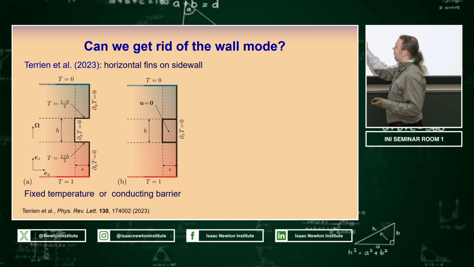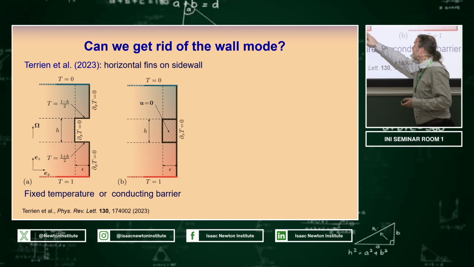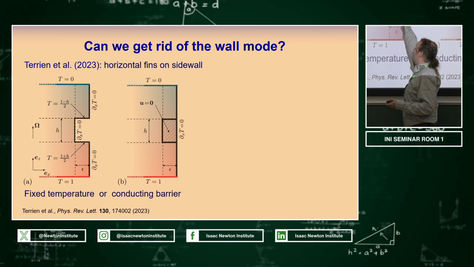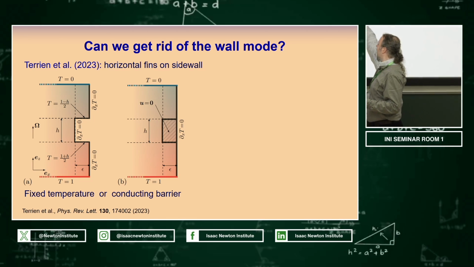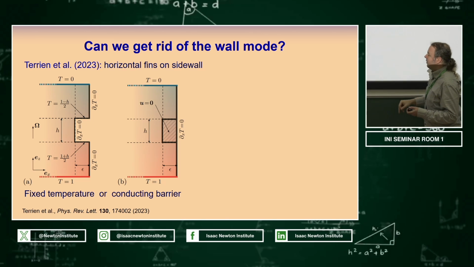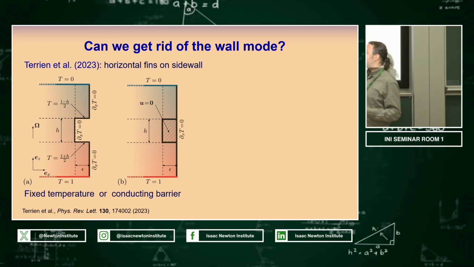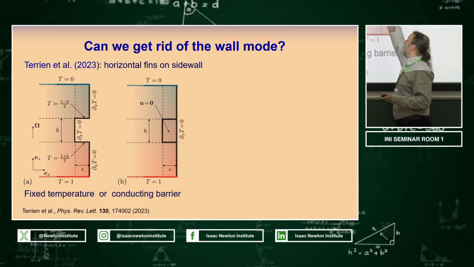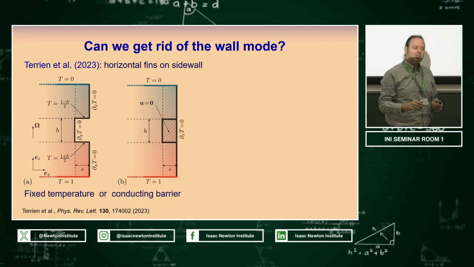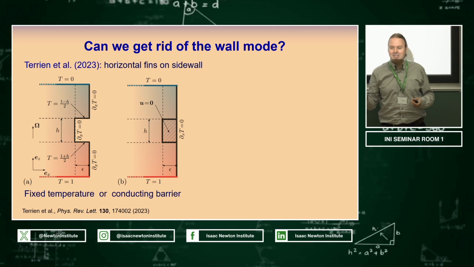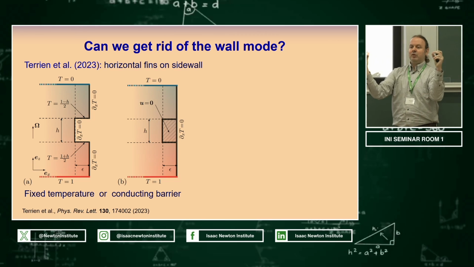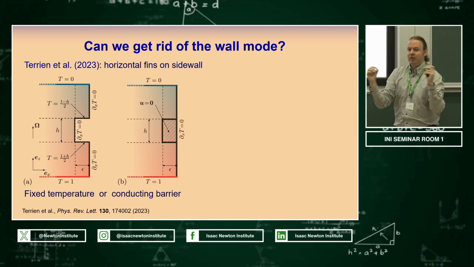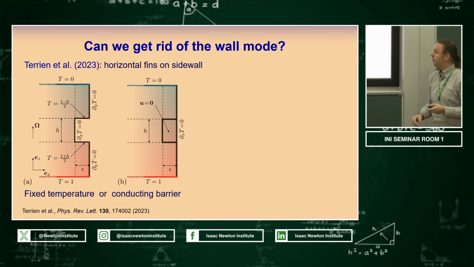They tried two different setups, where you would apply a fixed temperature boundary condition on this barrier, and the other where in fact the barriers could be made of conductive material, but would still be solid. And this would be the easier option to implement in an experiment. So think of some kind of ring-like shapes at the sidewall to block this wall mode.